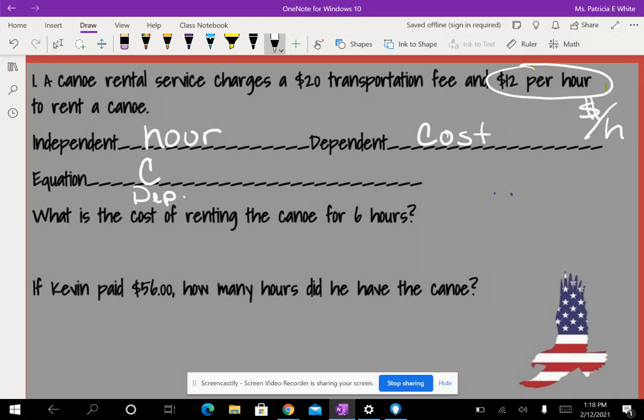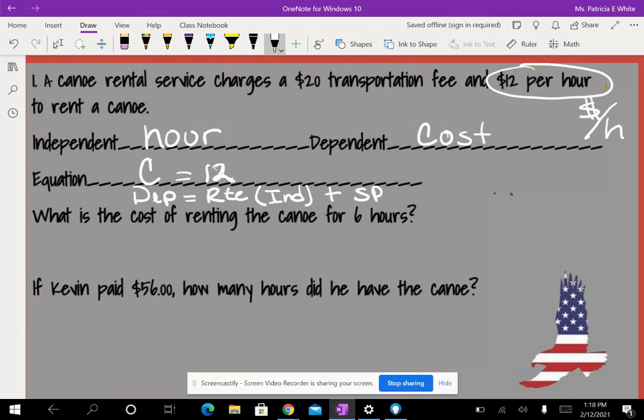dependent, is equal to the rate times the independent plus the starting point. Cost is my dependent, is equal to the rate times the independent. The rate, well, how much per hour? What's going to reoccur? Every hour that I keep that canoe, I'm going to have to pay $12.